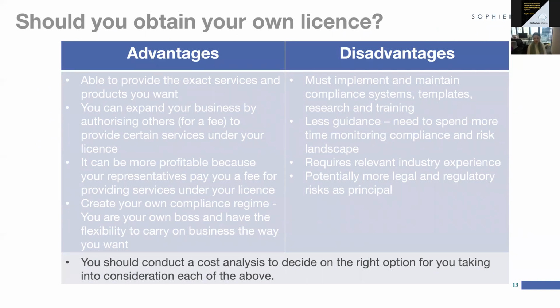You aren't limited by the supervision of another licensee. You can expand your business and authorize other representatives for a fee, and they can provide certain services under your license. It can be a more profitable option for you because your representatives pay you a fee for providing the services, and you can create your own compliance regime.